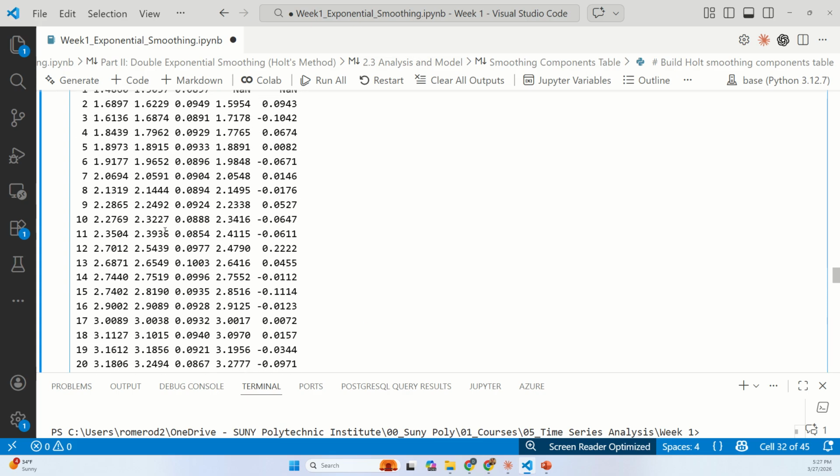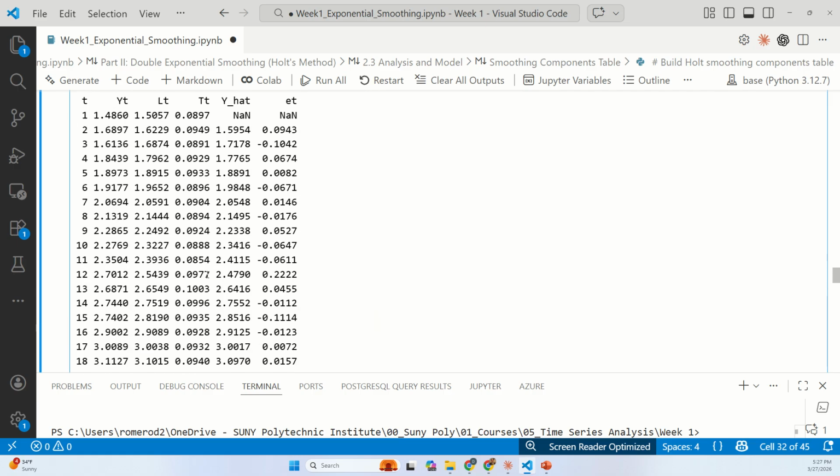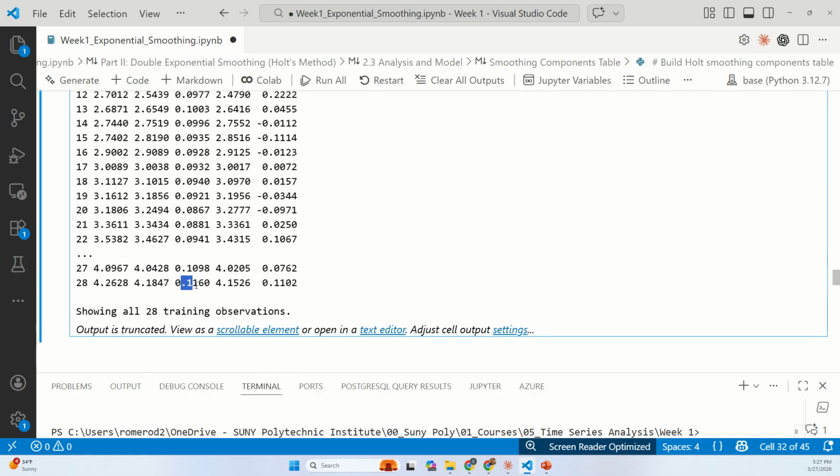Now, if you want to make a prediction for future values, like period 29 or 30, that prediction is going to be the last level that you estimated, this one at period 28, the 4.18, plus the last trend that you estimated, which is 0.11. If it's just one period in the future, like period 29, it will be the level plus one time the trend.